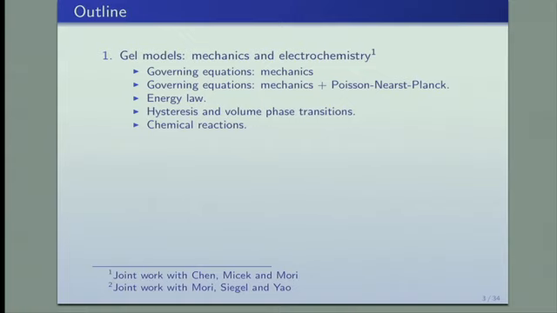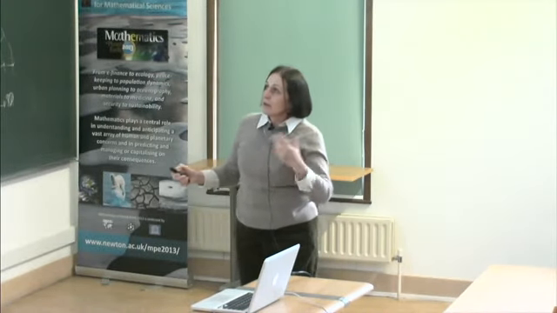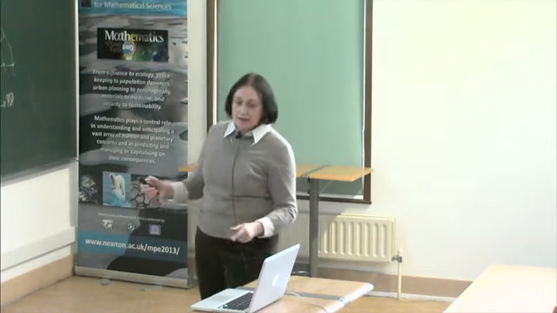Then we are going to account for the families of ions that are around, including charge groups attached to the network, and then we'll set up an energy law. We're going to look at the hysteresis and volume phase transitions, then how to account for chemical reactions. In other words, that these ions and these groups can react and go into each other or into something else.